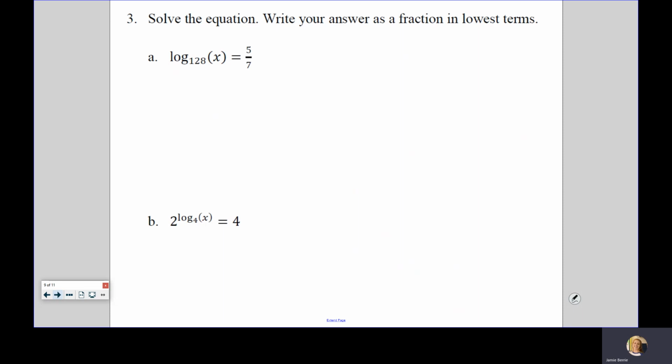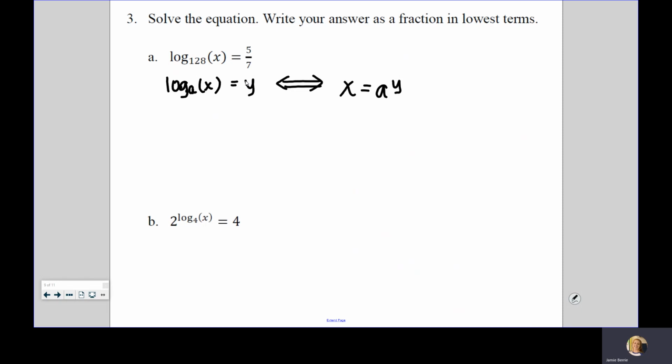Whenever they give you the equation in logarithmic form, all you have to do is use the definition of a logarithm, convert it over to exponential form, and then finish solving it.